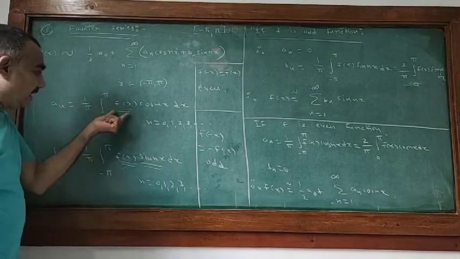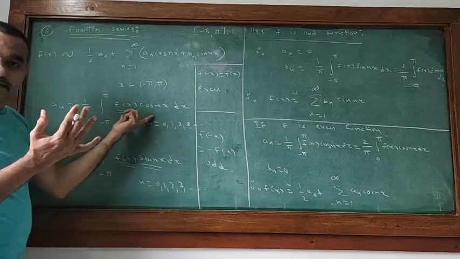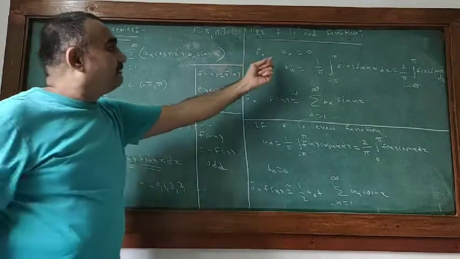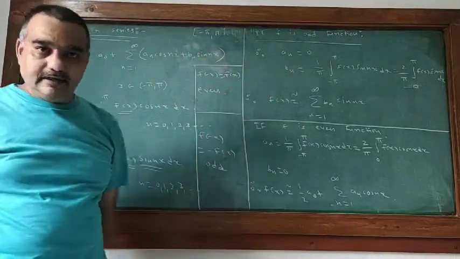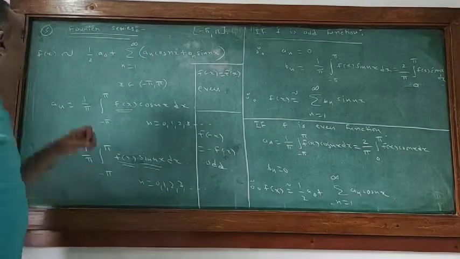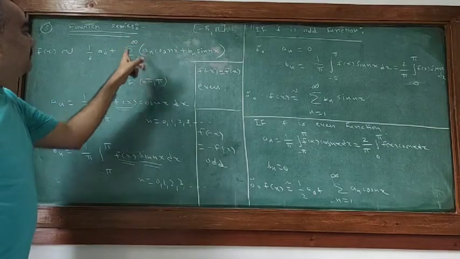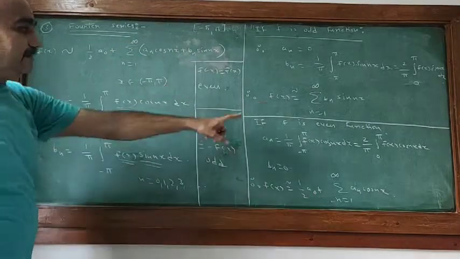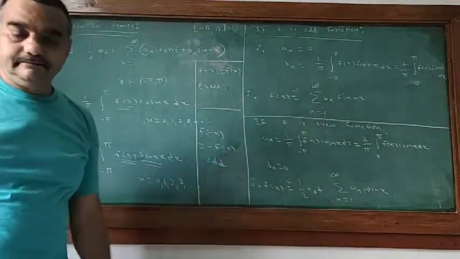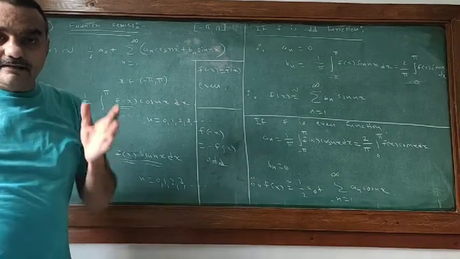So here f(x) is odd, cos nx is even, the multiplication is odd. And due to that, the value of an is 0 for all odd functions, and therefore there will be no calculation of an. Therefore f(x) is approximately equal to sigma bn sin nx. Is it clear to you?